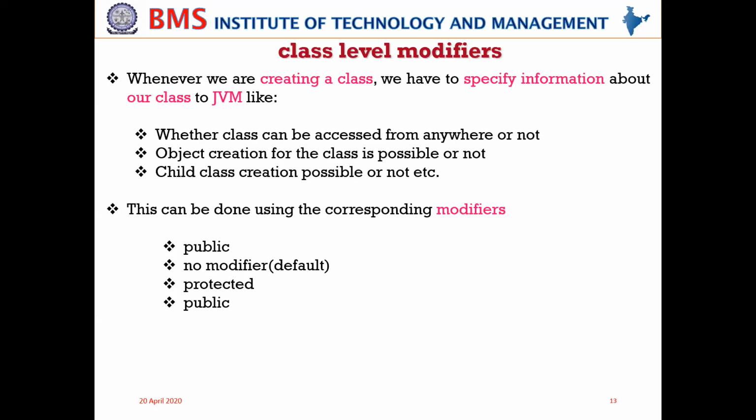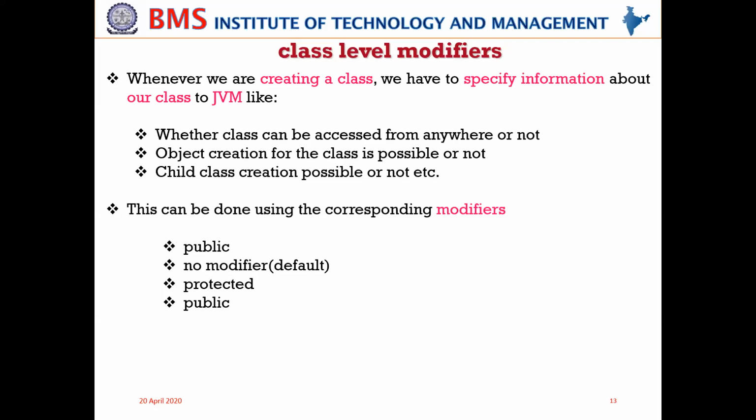Now the question is, how do we specify this information to the JVM about our classes? By using various modifiers. We have various modifiers through which you can intimate the information of the classes you are going to create to your JVM. Public is one of the modifiers, default is another, protected is another, and private.